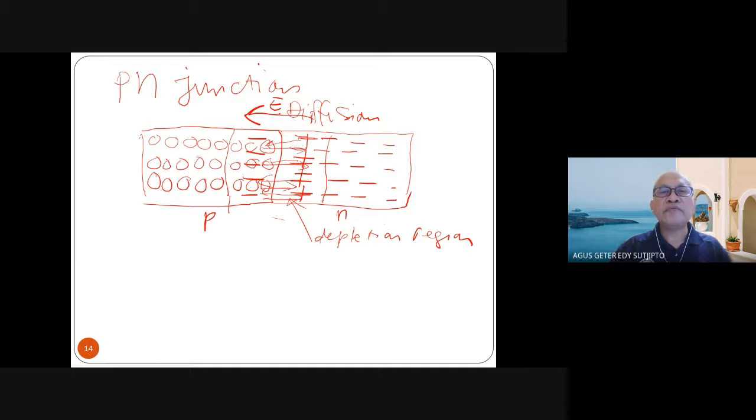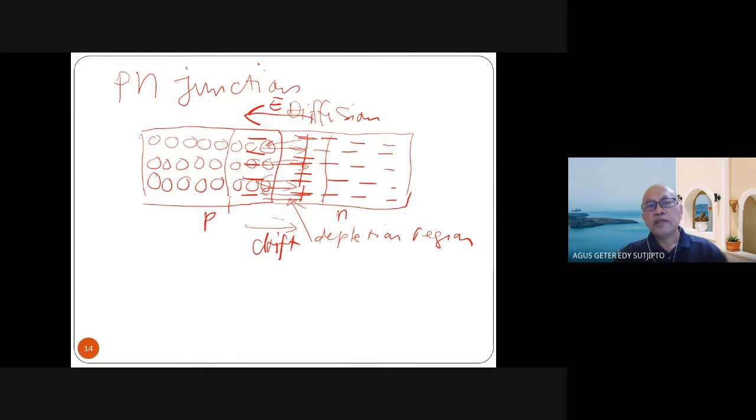The electric field further will attract. This is positive and this is negative. So the positive will attract the electron from P again, and the positive charge will be moved here to the P from N. This moving of electron, for example the electron from the P to the right, we call a drift.